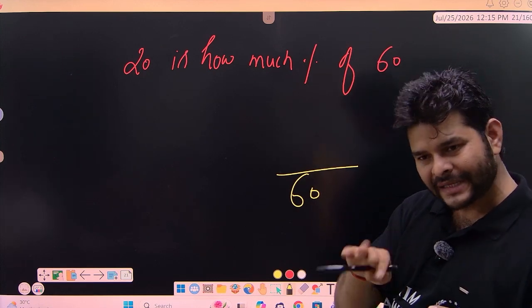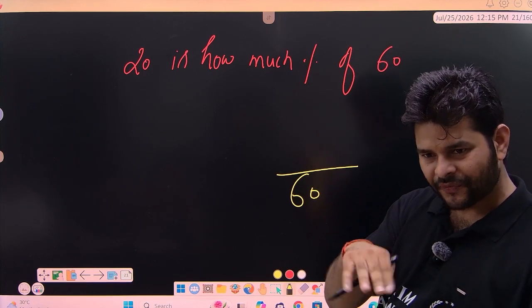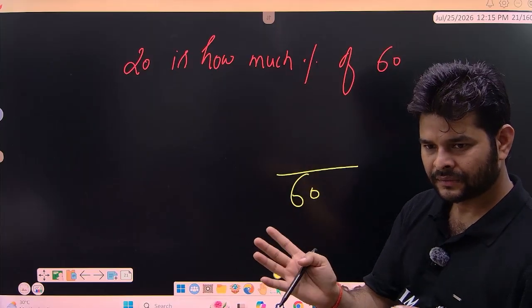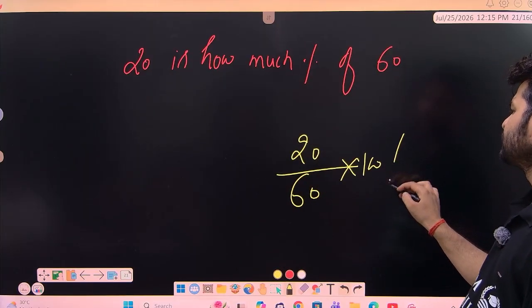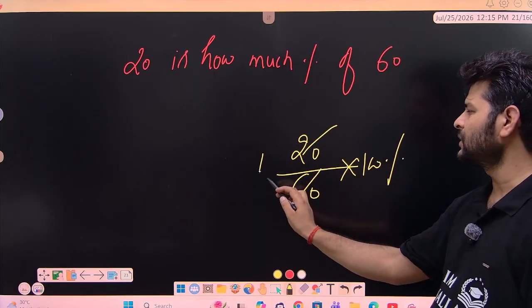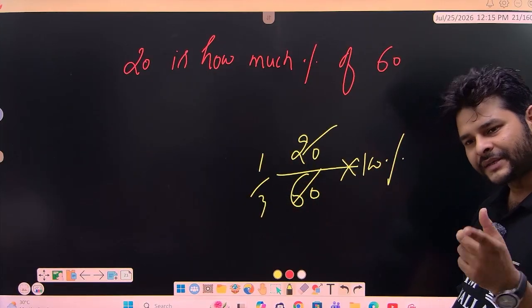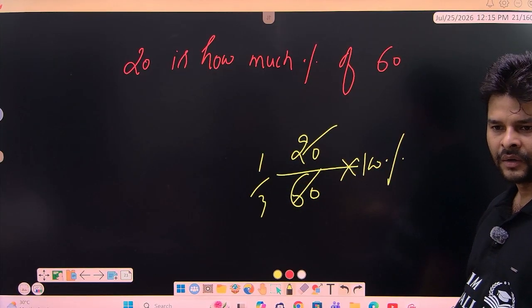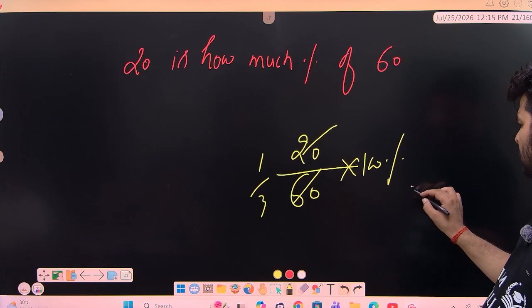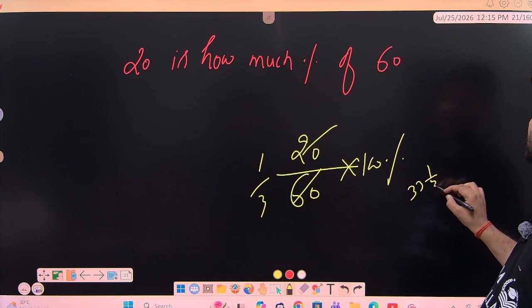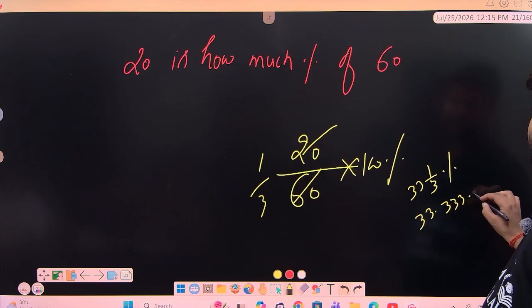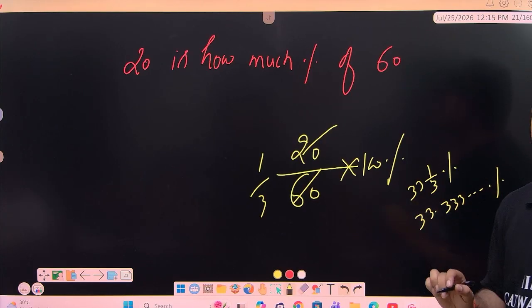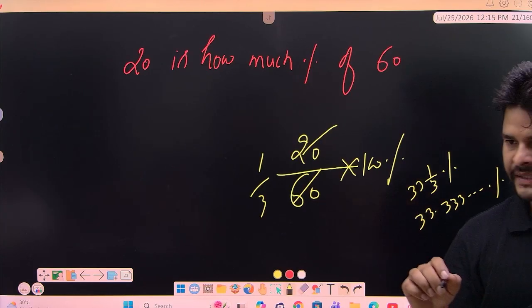We have to find exactly how much percent of this is of that. So simplify it and note it down. You will get again 1 upon 3. The percentage you know well, 33 whole 1 by 3, or you can say 33.33. So we have learned these 3 types, these 3 concepts.